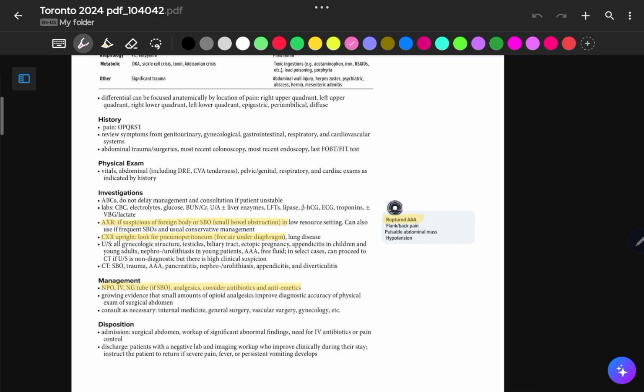You can also use ultrasound if you are suspecting any gynecological involvement, or maybe testicular torsion, for example. CT scans will usually be used for patients who have small bowel obstruction, abdominal aortic aneurysm, pancreatitis. If you're suspecting kidney stones, appendicitis, or diverticulitis, then you use a CT scan.